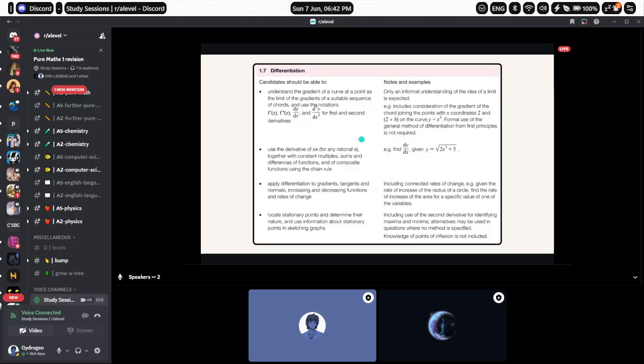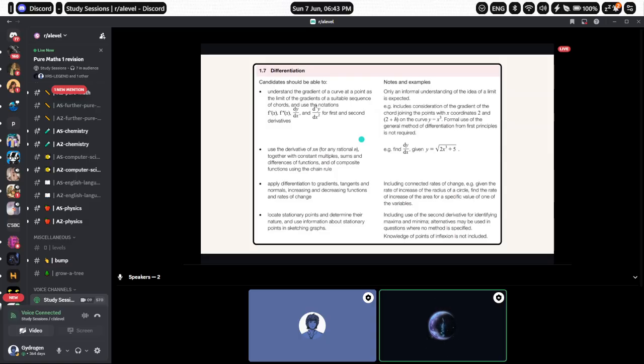So you find the derivative and input the x value, and you'll get the gradient at that point. Using that, you can even find the equation of the tangent, because you'll have the m value and you'll have x1, y1. You just expand it and it becomes y is equal to mx plus c.